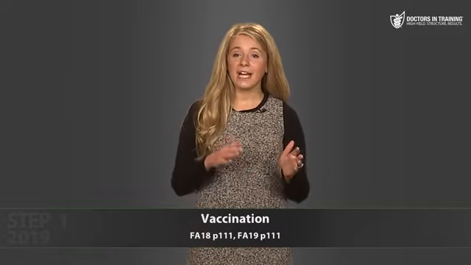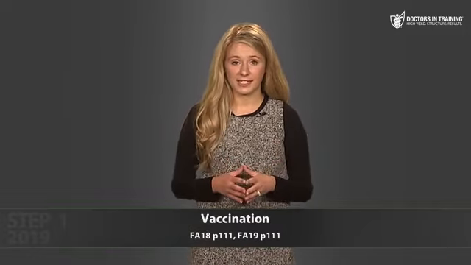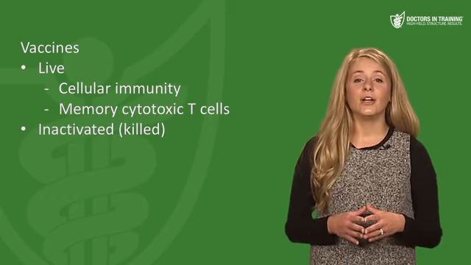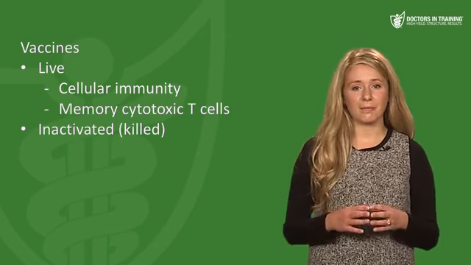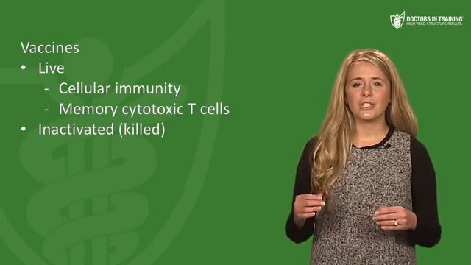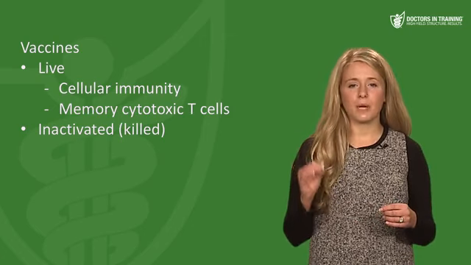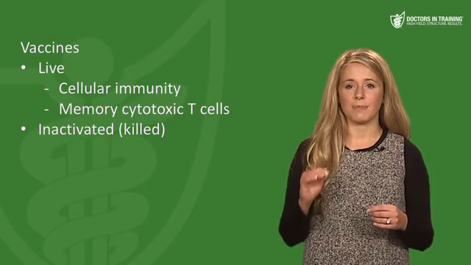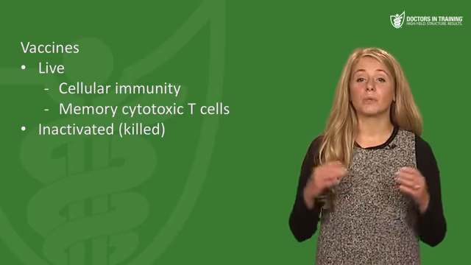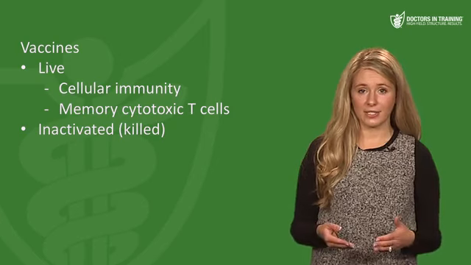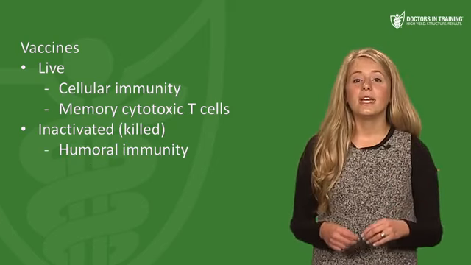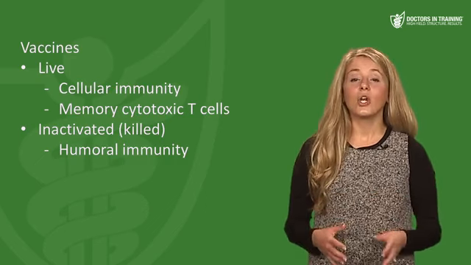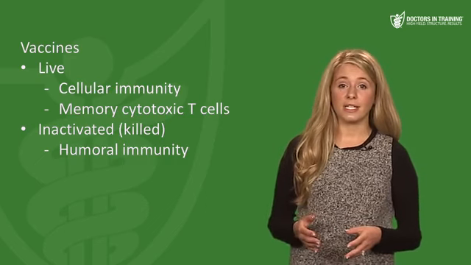Now let's talk about inactivated or killed virus vaccines. Here, the virus can't infect the host cell, so there's no cell-mediated immunity. You're just putting antigen into the system so it can be recognized by the antibodies on the surface of B cells, and that will eventually produce antibodies against the virus. So that's humoral immunity. These non-infectious vaccines can also produce memory helper T cells.